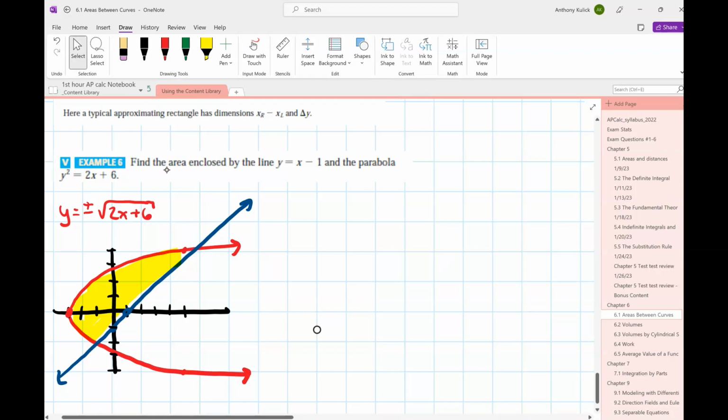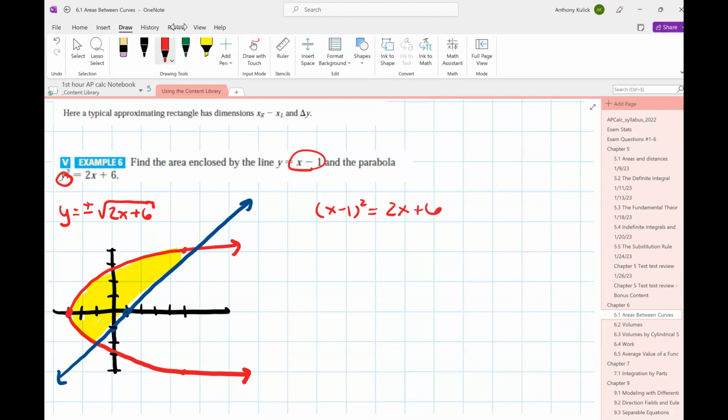So what I'm going to look for then are the 2 points of intersection. How do I find those points of intersection? Well, not quite, because they're not both equal to y. So I'm going to plug that stuff in.